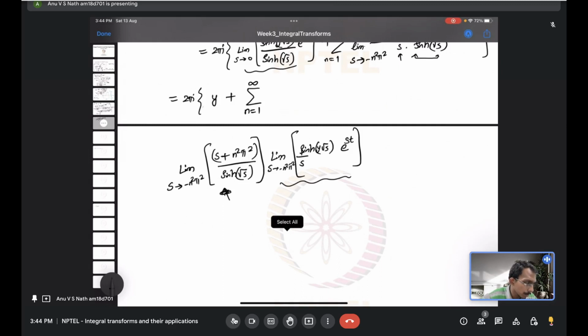So for the left one, we will take the differentiation of the numerator and denominator separately, then apply the limits. The limit is tending to minus n square pi square. On the numerator, the derivative with respect to s is just 1, and the denominator's derivative of sinh is cosh(root s), times the derivative of root s, which is 1 by 2 root s. So that 2 root s will go here.